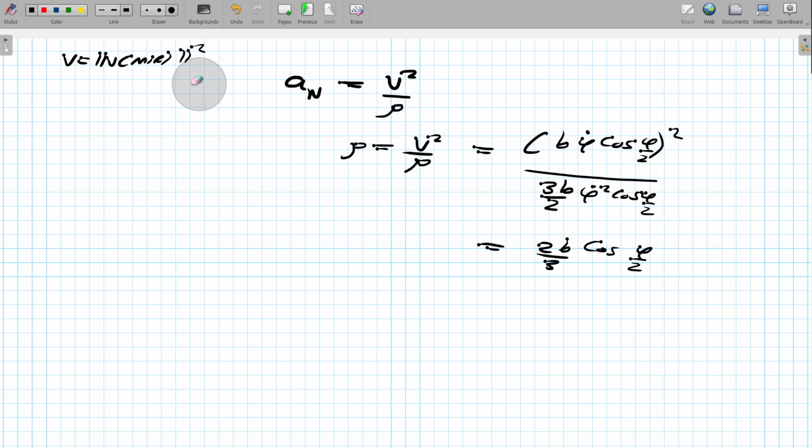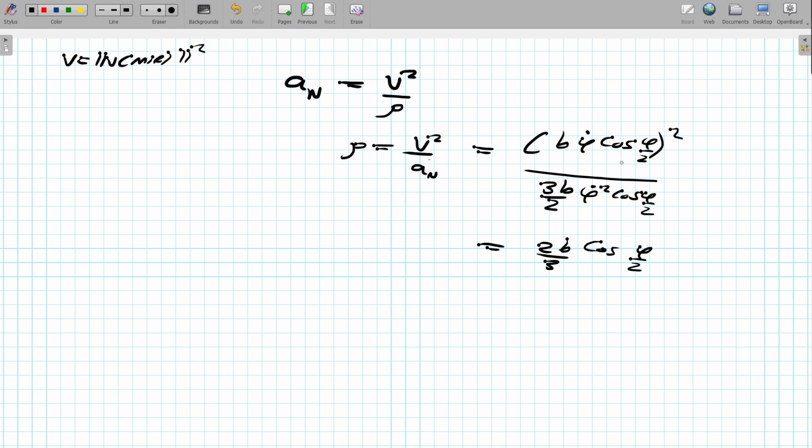So if you apply this one directly, you have to make rho the subject of the formula. What you're going to get is v squared divided by an. Now v squared, remember that v is the norm of the vector vitesse.